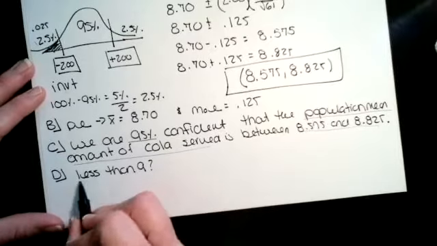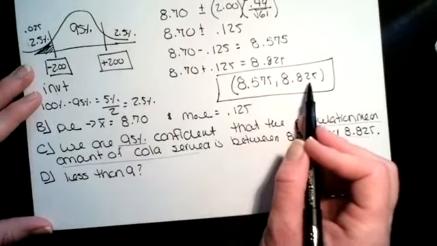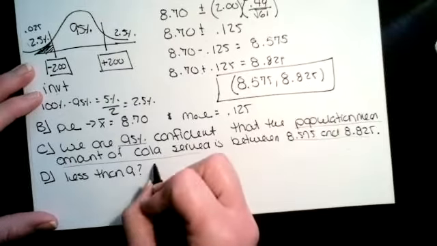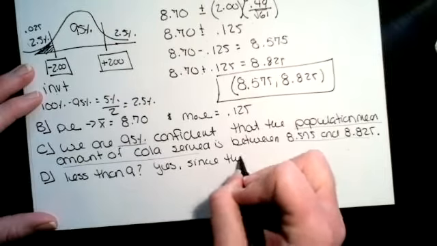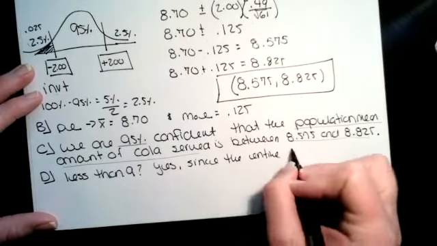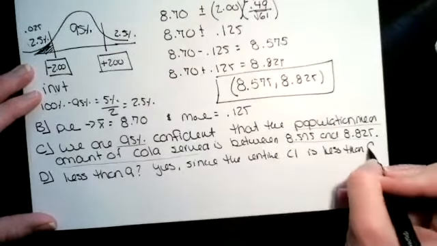Is it true that it's less than 9 ounces? Well, I'm going to look at my CI. Is my entire confidence interval less than 9? It sure is, because look, my upper bound is 8.825. So I can say yes, since the entire CI is less than 9 ounces.